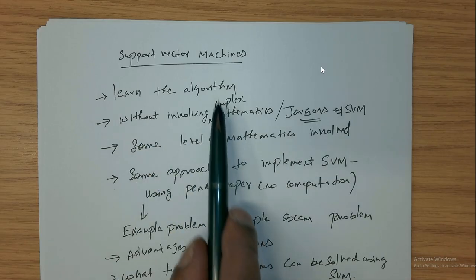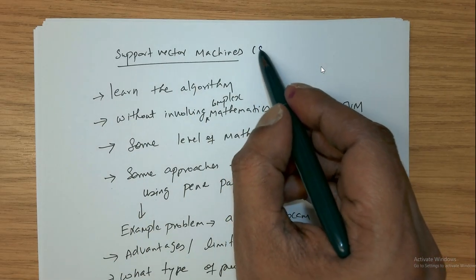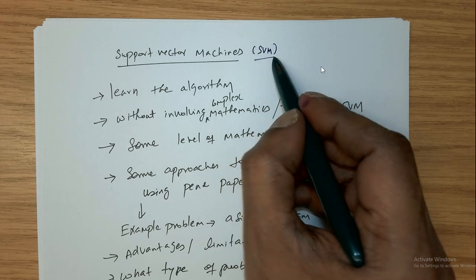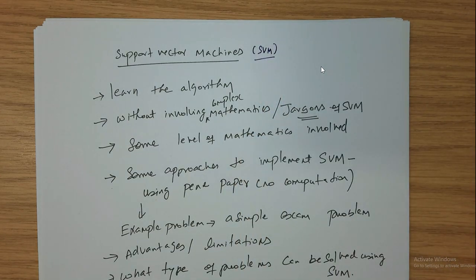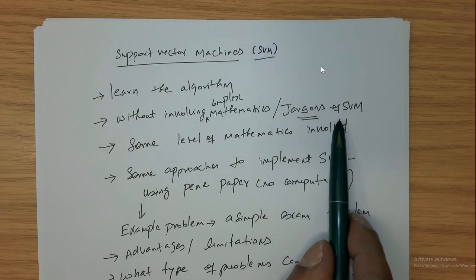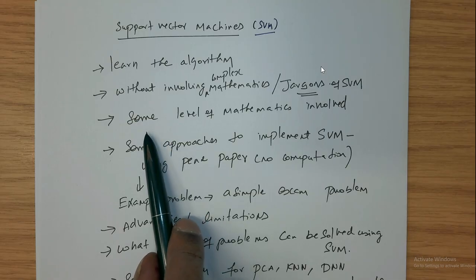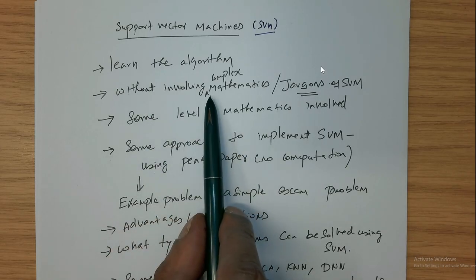It is easier to explain how the support vector machines, shortly sometimes called SVM, work without touching mathematics. But when we start to explain the mathematics, you should know the jargons of SVM, or the support vector machines.